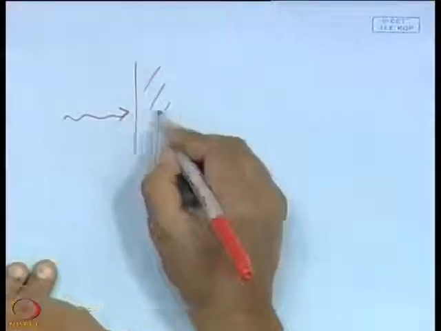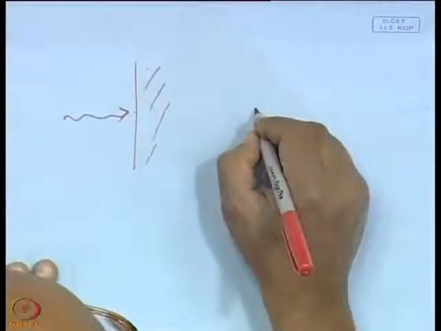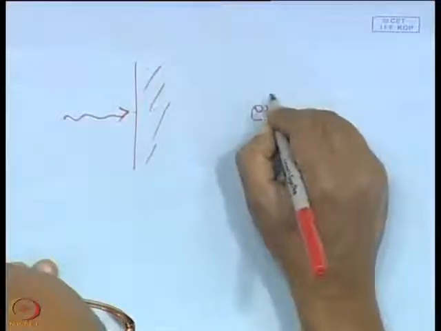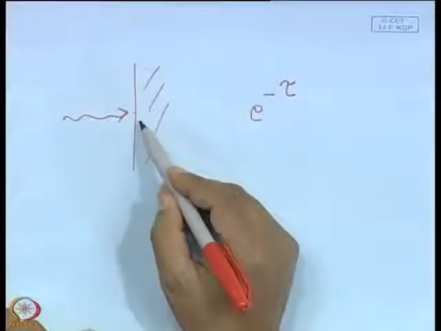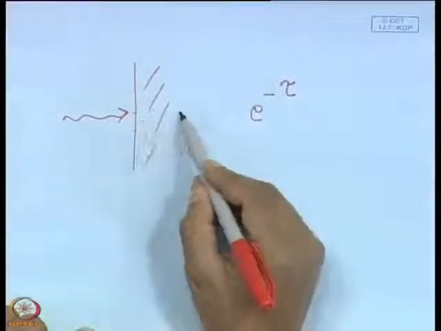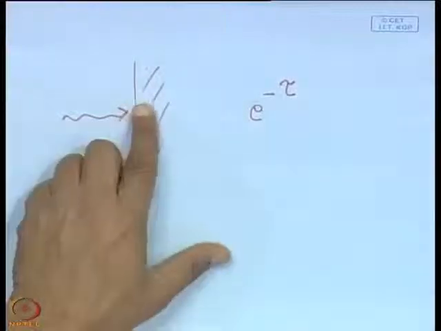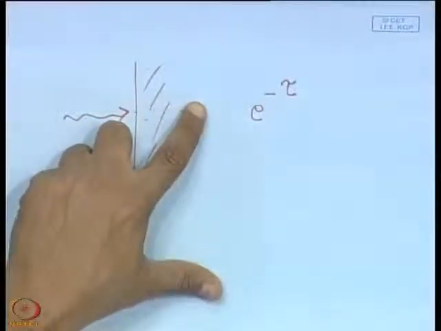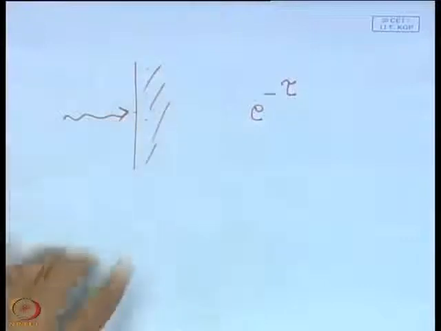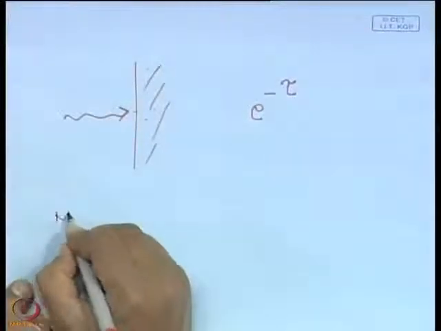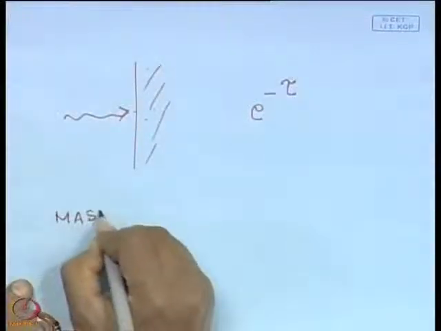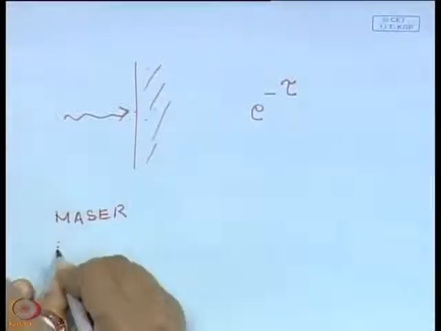We know that inside, the brightness falls off as e to the power minus tau. But if alpha is negative, then the optical depth tau is negative inside. So, you have an amplification of the radiation inside this medium, and it is this which is called maser or laser.